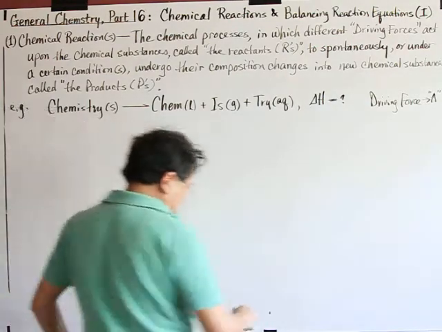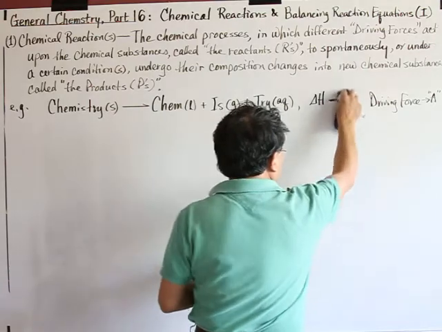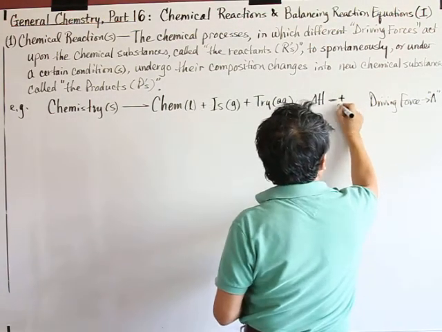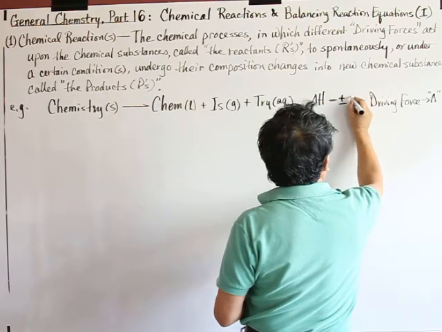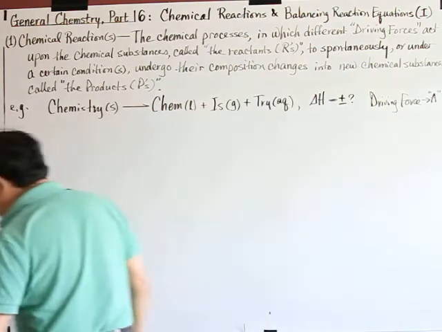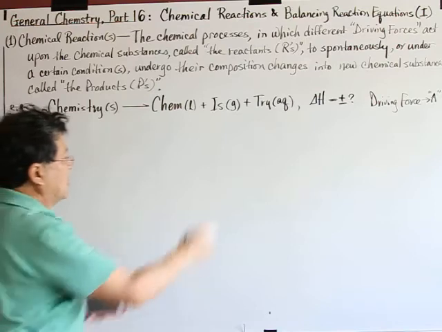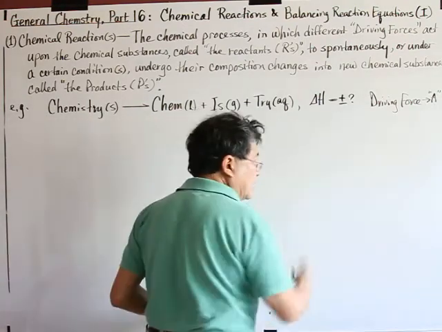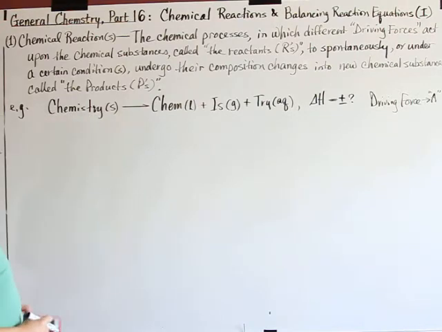So it could be what? Could be positive. Let's put it this way. Could be positive or negative, right? So positive means always above 0, right? And a certain value, right? That's energy, all right? If it's positive, it's going to be what? Positive will be endothermic, and negative will be exothermic. We talked about this before.